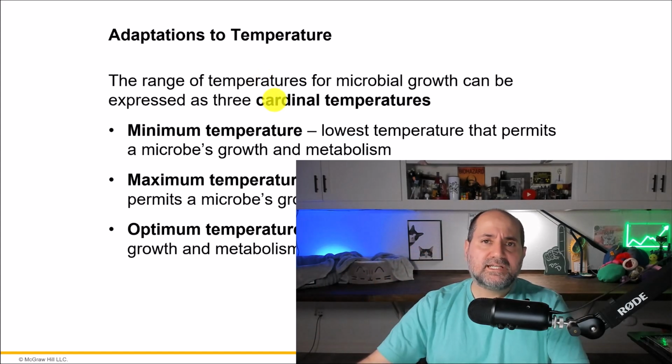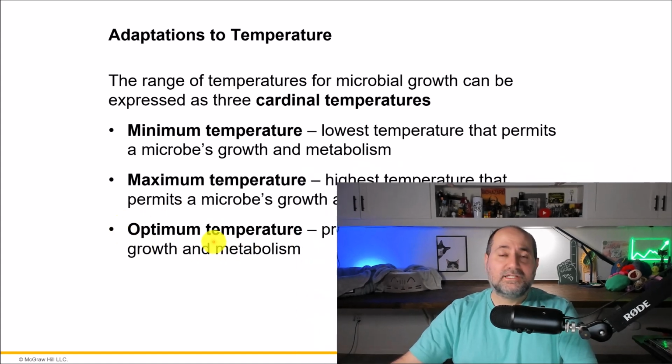And when we look at those temperatures, there are 3 cardinal temperatures we look at for every different microbe: the minimum temperature, the maximum temperature, and then the optimum temperature. The optimum temperature is the temperature that promotes the fastest rate of growth and metabolism for the microorganism. They call this the preferred temperature of the microorganism.